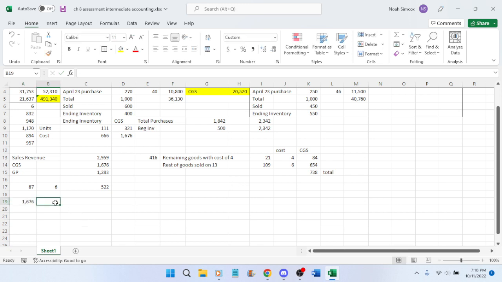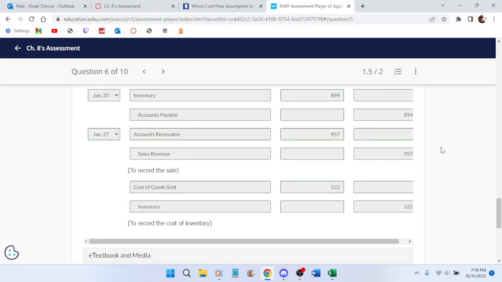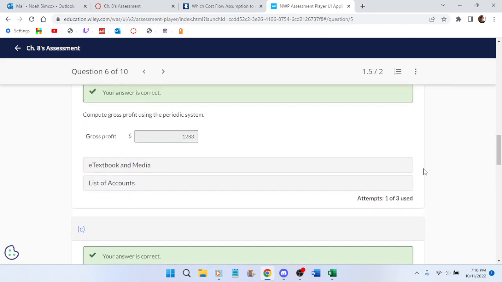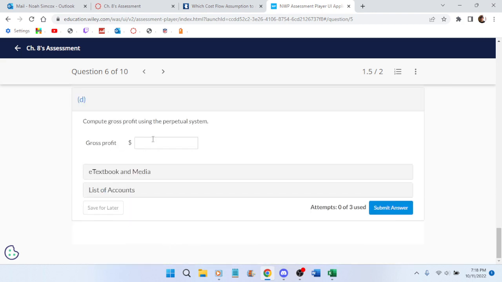That's total cost of goods sold. Wait, I got the same answer as before. That means the gross profit should be the same as the first answer because it's FIFO. Since I was using FIFO, it's the exact same answer as the first answer I gave. 1283.